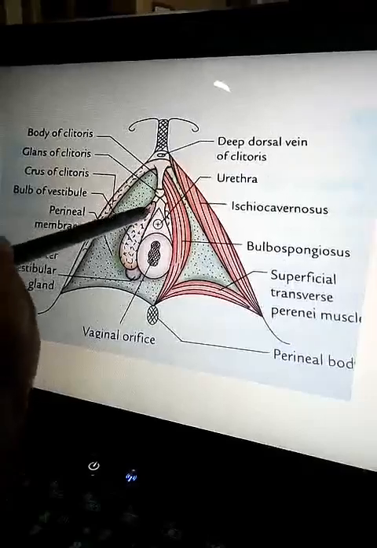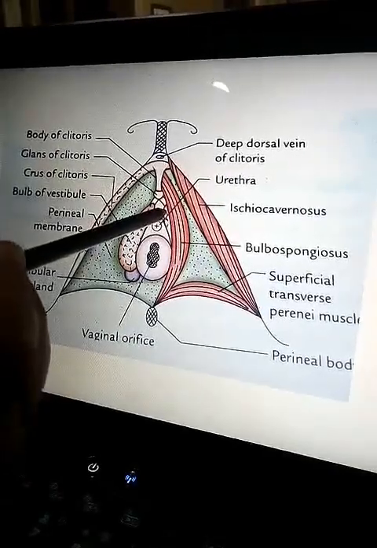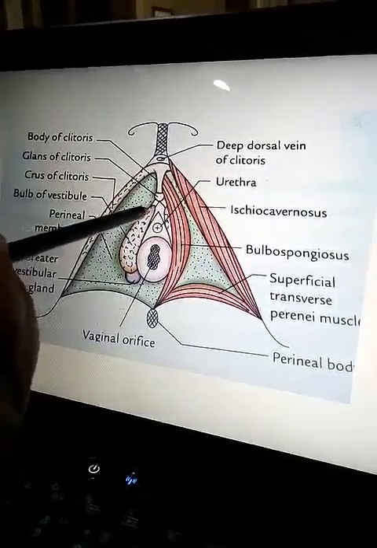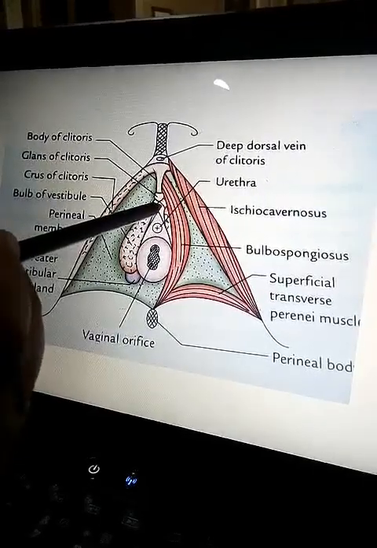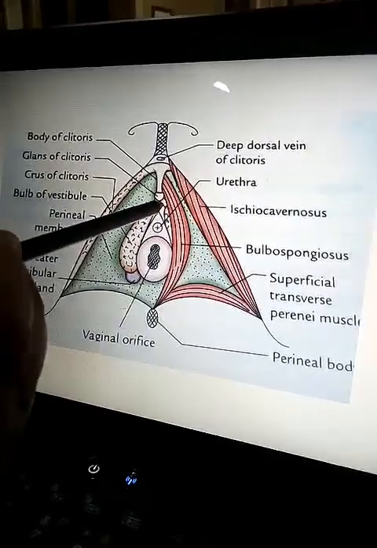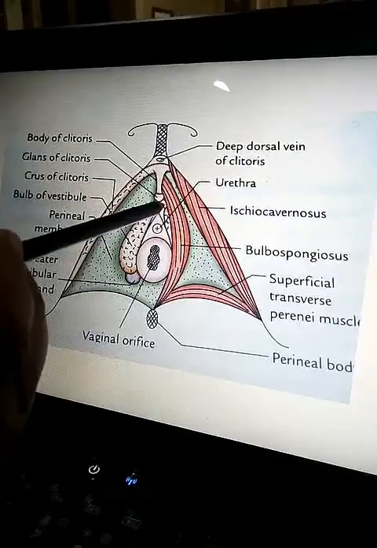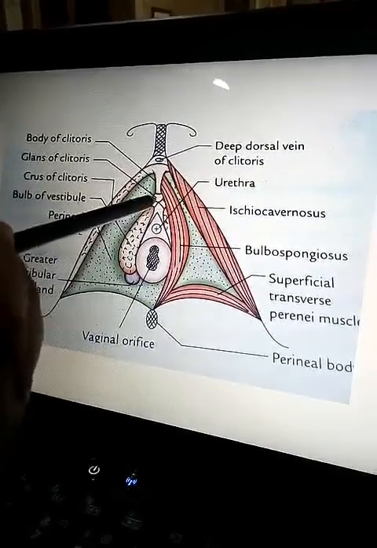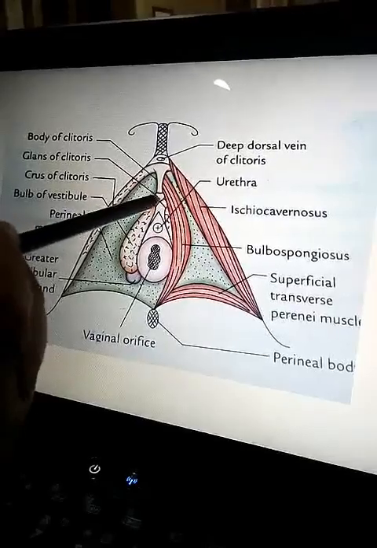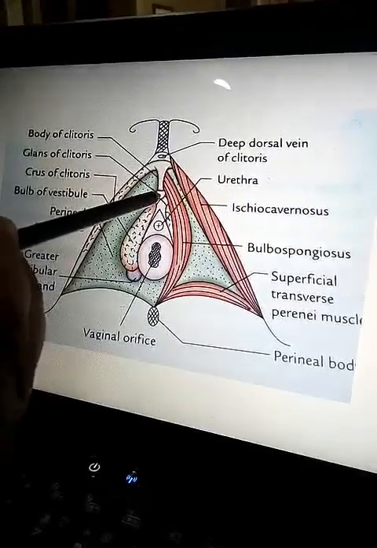Their tapering anterior ends unite in front of the urethra by a plexus of veins called the bulbar commissure, and this continues as a strip of erectile tissue into the glans of the clitoris. So this is the glans of the clitoris.